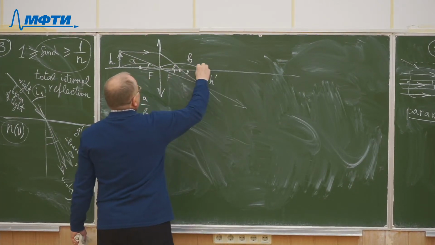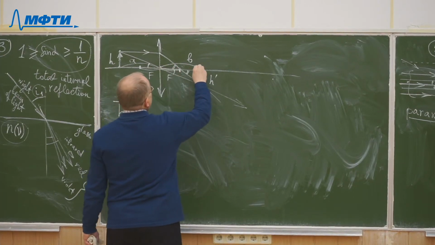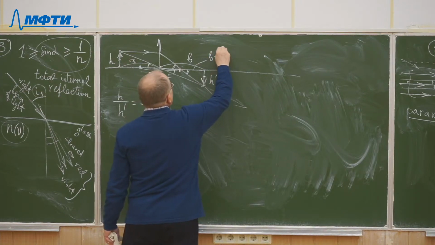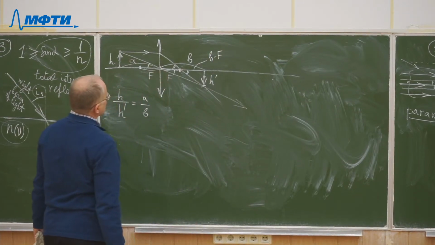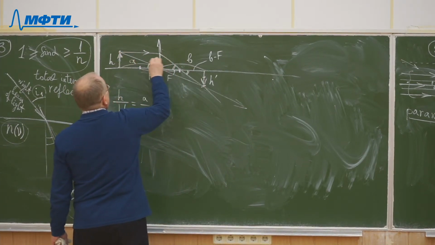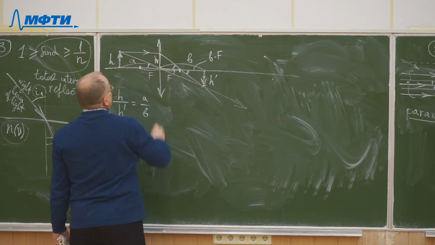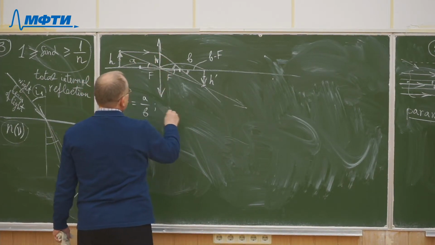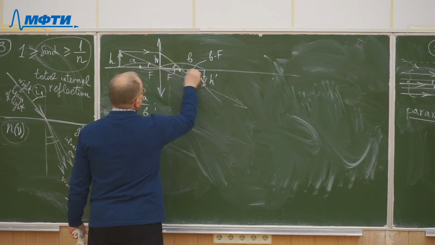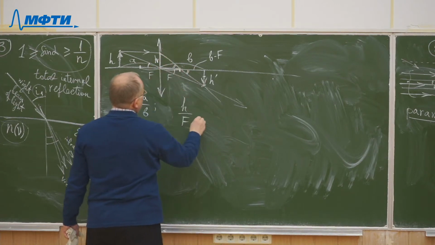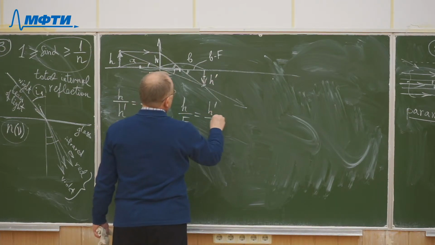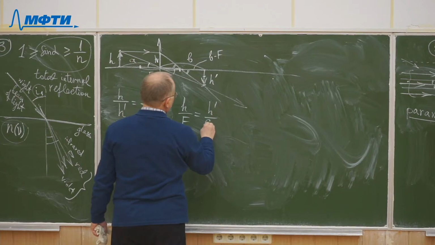And the second thing is that this angle equals this angle. And therefore, if this is a focal distance, then this section equals b minus the focal distance. And so for these two triangles, this side will also be equal to h. This is also h, and we can write down that from these two similar triangles, h divided by f equals h prime divided by this side, which is b minus f.